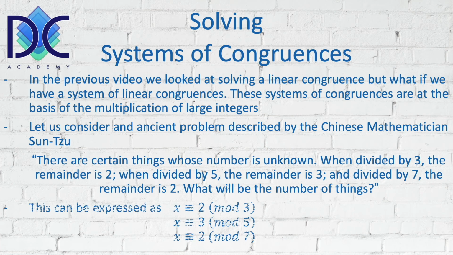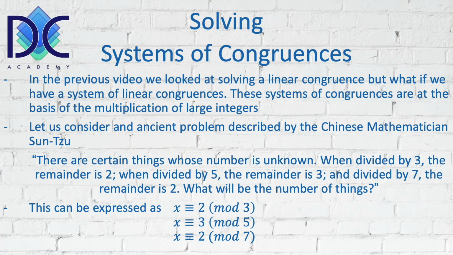So basically, this is an expression which is related to modular mathematics and to congruences. The first element says divided by 3, the remainder is 2. So x is congruent to 2 modulus 3. The other one, when divided by 5, the remainder is 3.